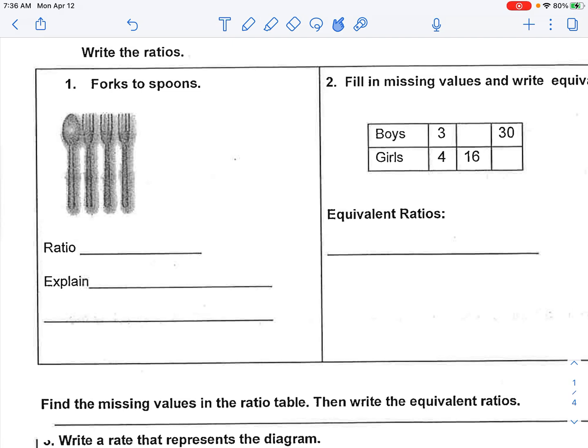So first thing we want to look at is the order of the words for our ratios. So directions, write the ratios. Forks to spoons. So you have to make sure that you put the number of forks on the top or first, and the number of spoons on the bottom or second, depending on how you choose to write this.